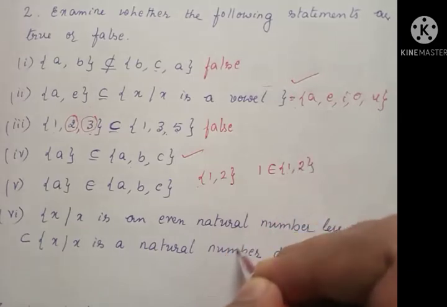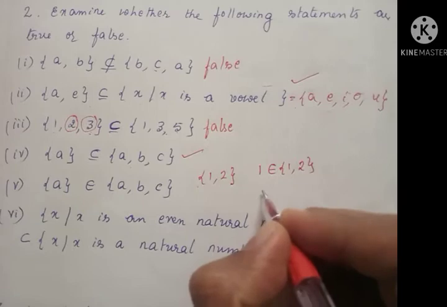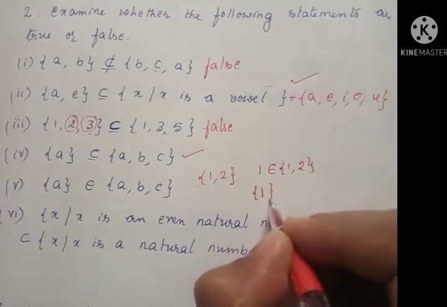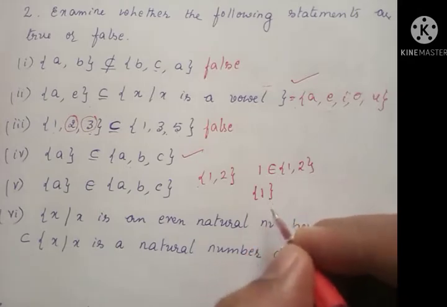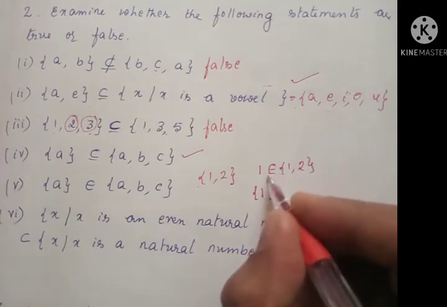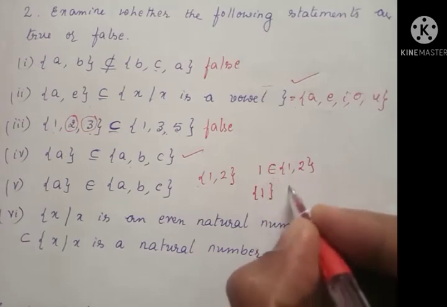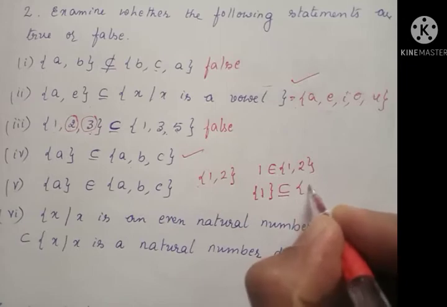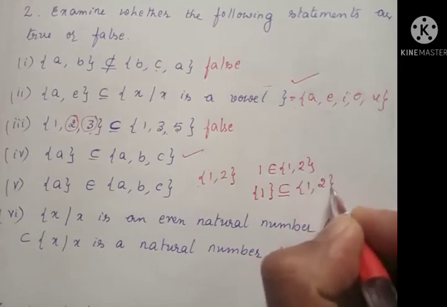If I write 1 within the flower bracket, we read this as a set having the element 1. In that case, we won't write the belongs-to symbol. We write the symbol of subset.